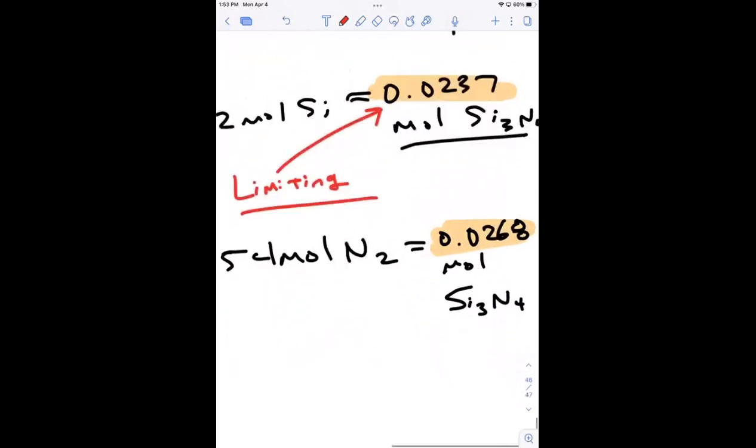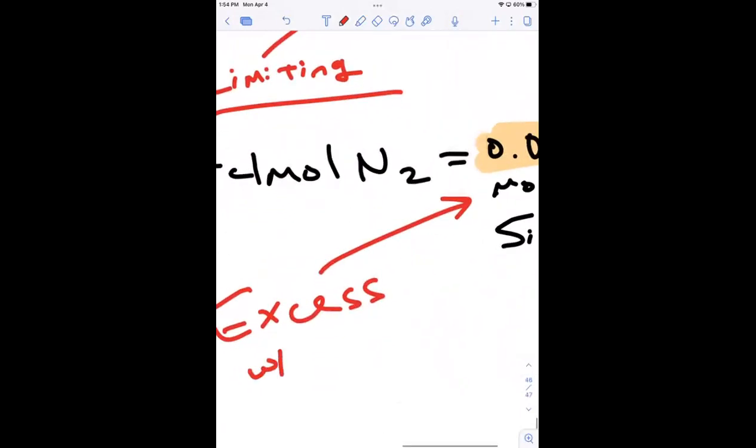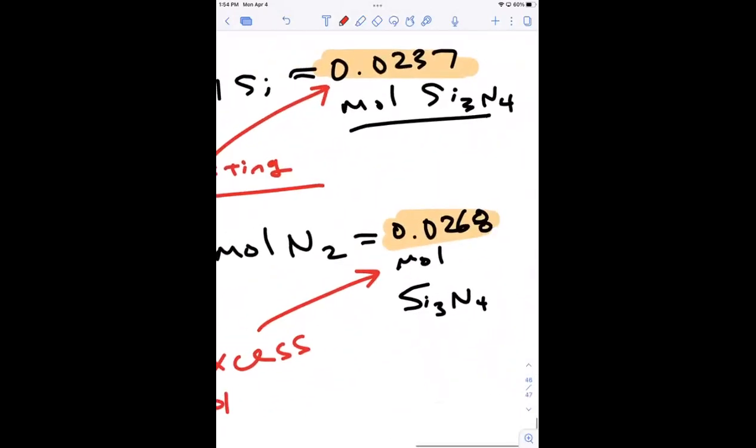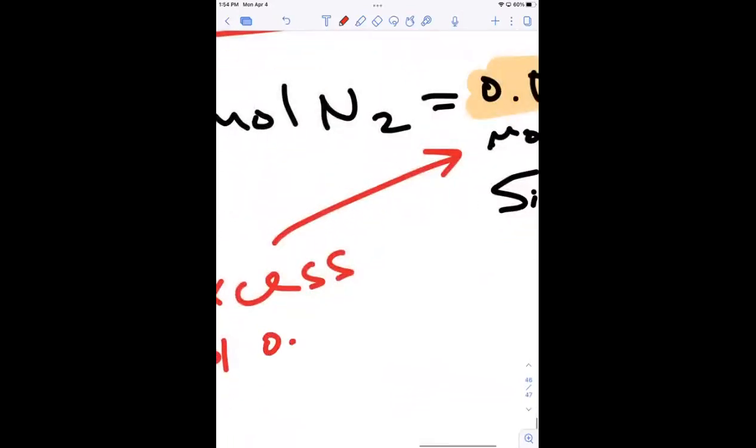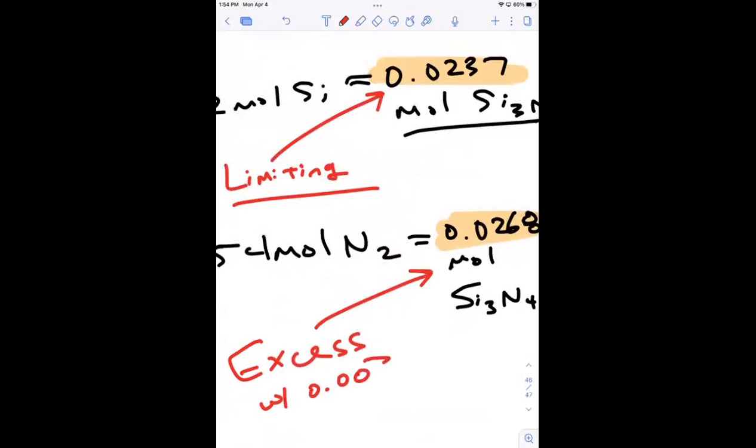And then this is by default excess, with 0.0031 moles left over.